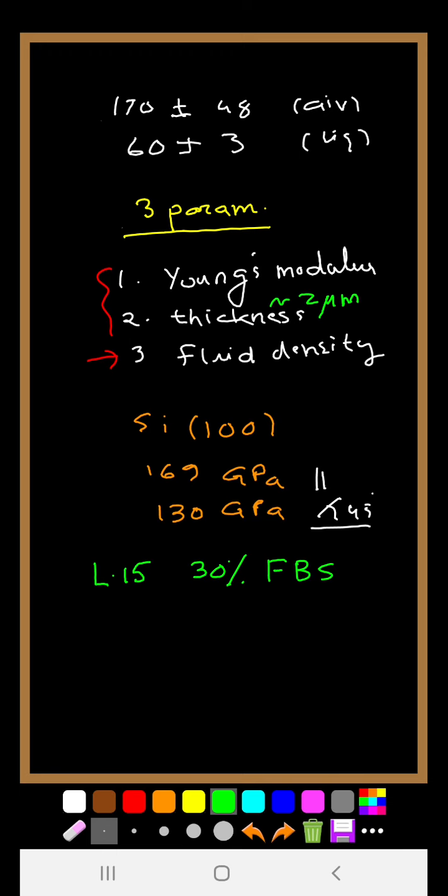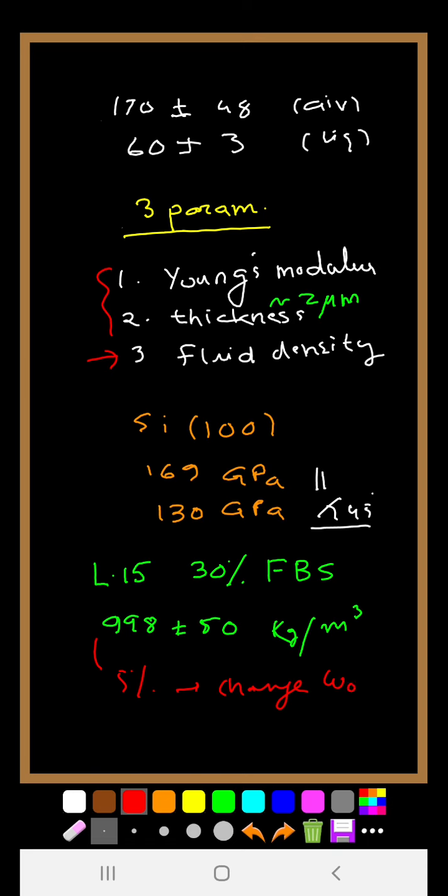The density range of the fluid is 998 with slight deviations of plus minus 50 kg per meter cube. Now, by changing the fluid density by 5% or 10%, the resonant frequency of the device in the growth medium is changed. So a change of 5% will change the resonant frequency of the device.